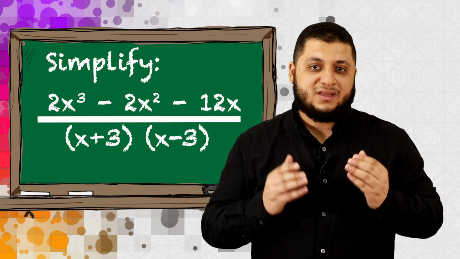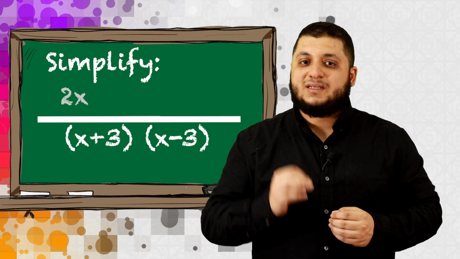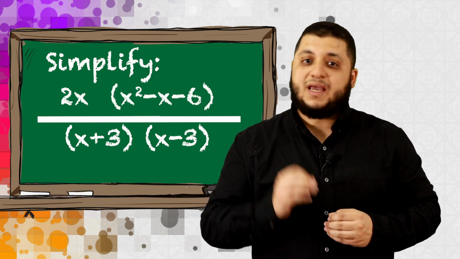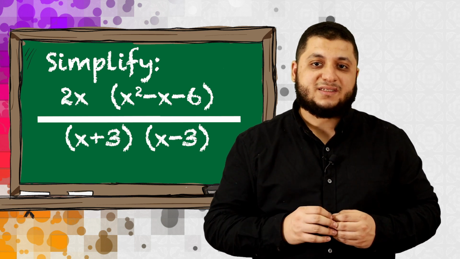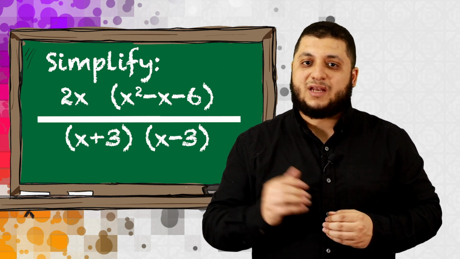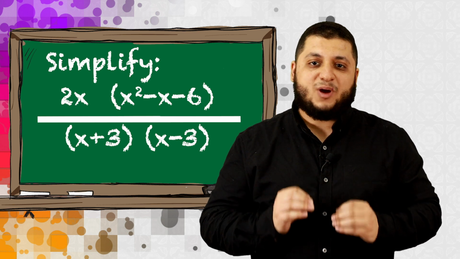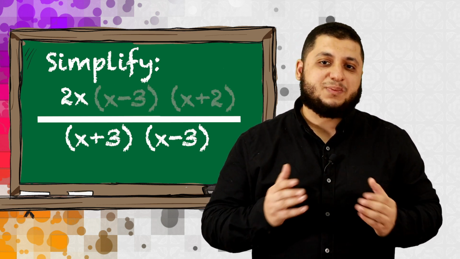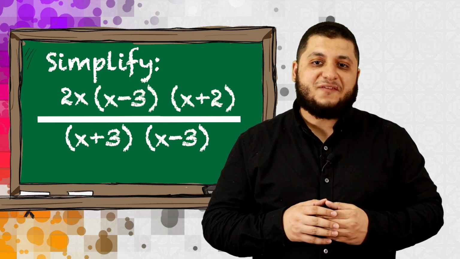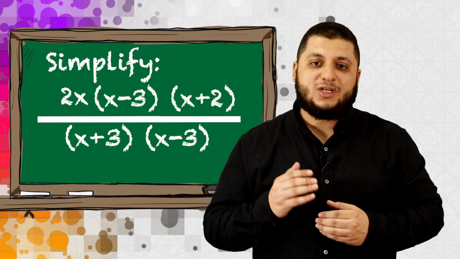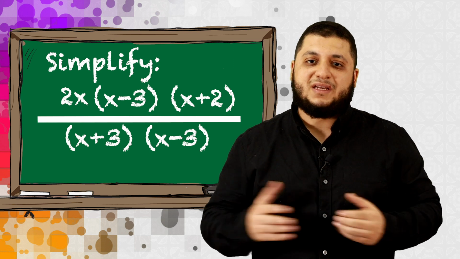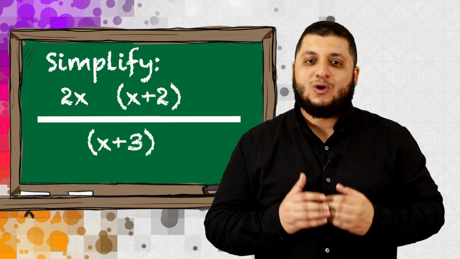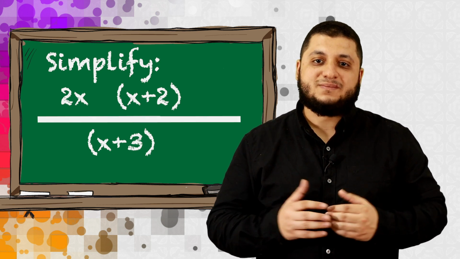Now you have the numerator equals 2x times bracket x power 2 minus x minus 6. x power 2 minus x minus 6 is a trinomial. We can use the calculator. We can factorize x power 2 minus x minus 6 into x minus 3 times x plus 2. So now we can simplify by dividing both numerator and denominator by x minus 3. It equals 2x bracket x plus 2 over x plus 3.